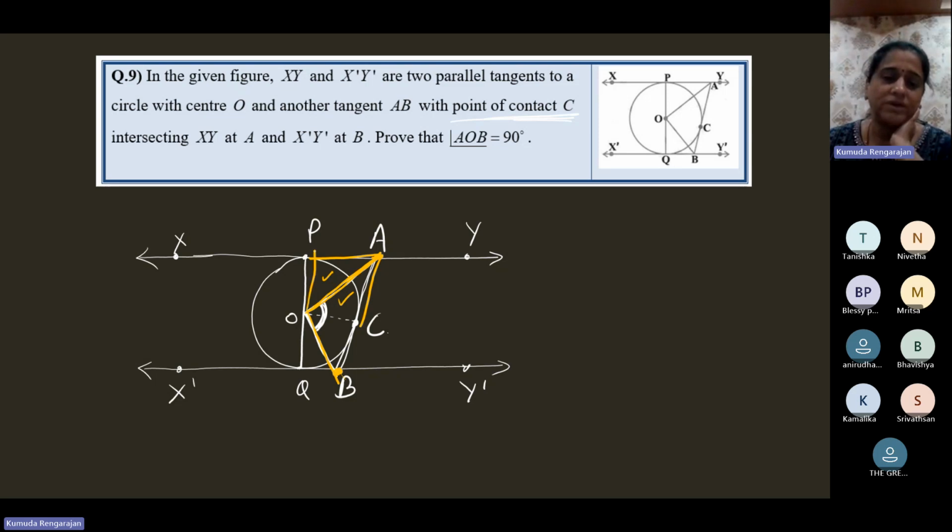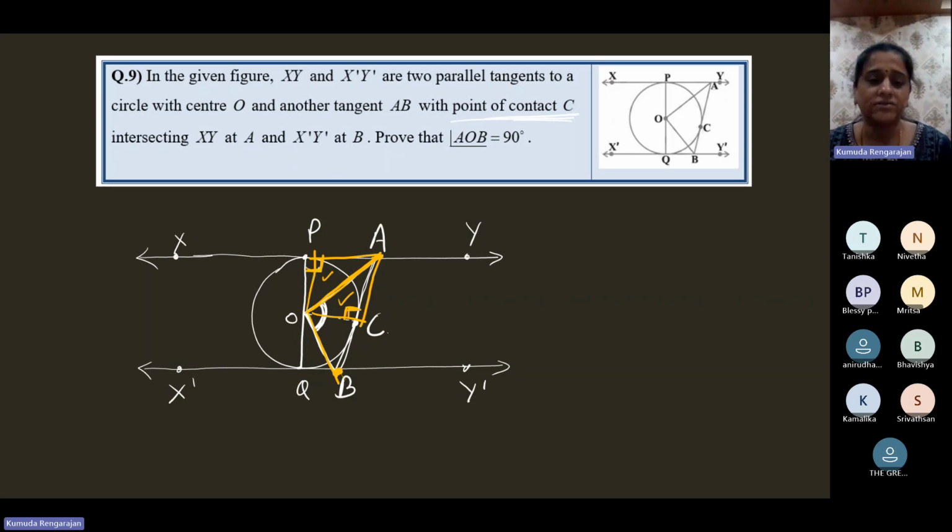Then OP is equal to OC, radius. OA is the common side. So by the SSS rule, the triangles are congruent. But you have a lot more information. You know this is 90 degrees because the radius is perpendicular to the tangent. So you can use the RHS rule or the SAS rule. Depending on what information you list, you can use different congruence criteria.